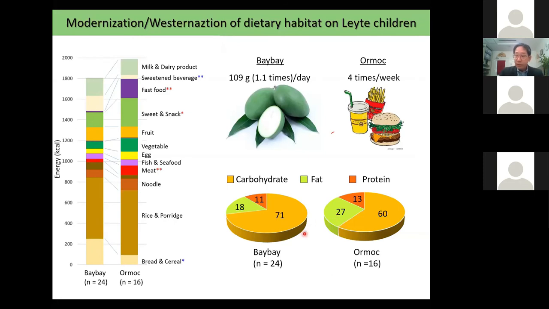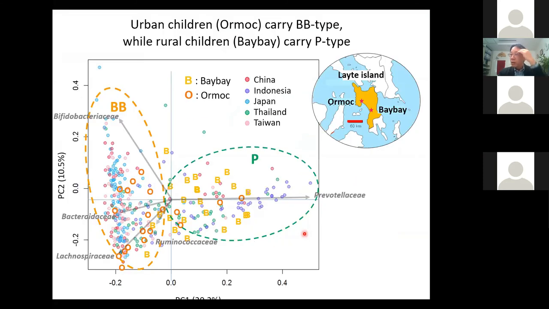And this is the result of the gut microbiome, and it is quite clear. The gut microbiome of Bai children is localized on the right side in the principal component analysis.